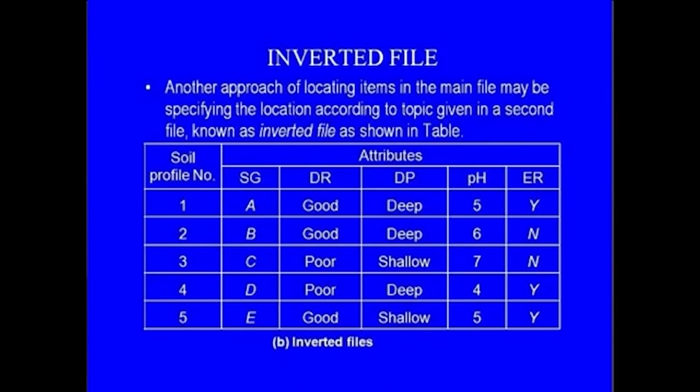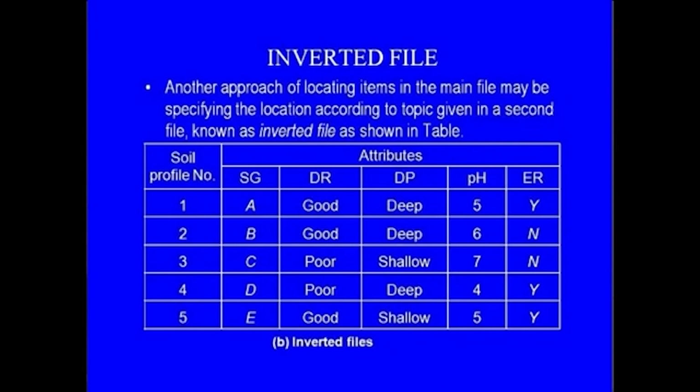So, here what we have is soil profile data, and corresponding to that certain attributes have been provided. These attributes have been categorized as the soil grade, the drainage pattern, the depth of the soil, the acidity and the erodible rate.